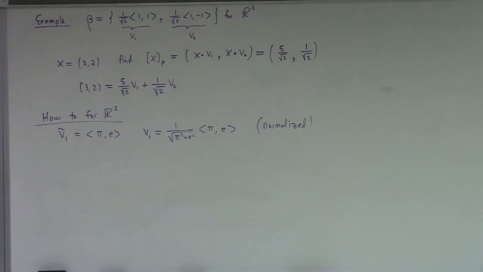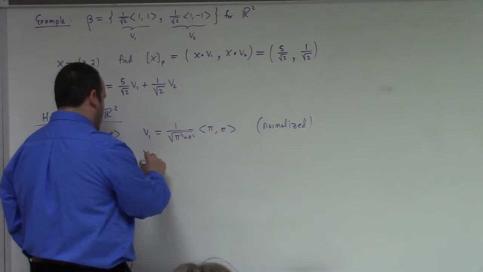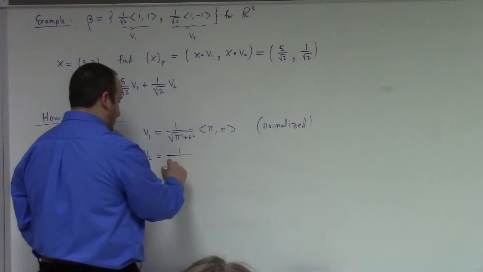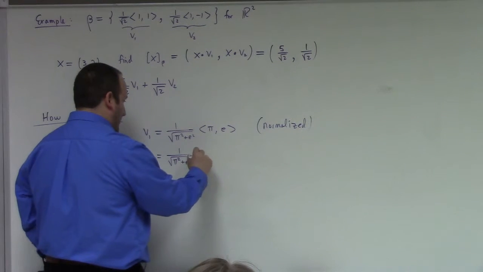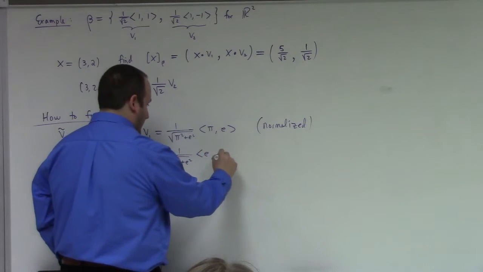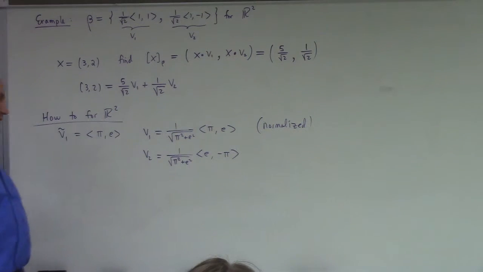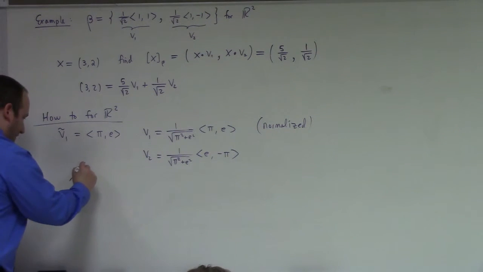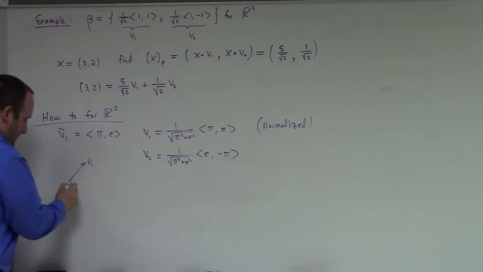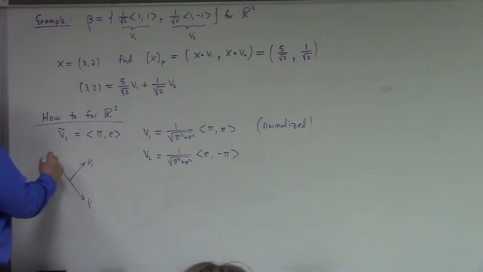And then I just need something which is perpendicular to that. Well, for two vectors, I can tell you what it is. You rotate by 90 degrees. Pragmatically, you just flip the x, y components and slap a minus on one of them. So v1 is this, and v2 is either this guy or that guy, really.